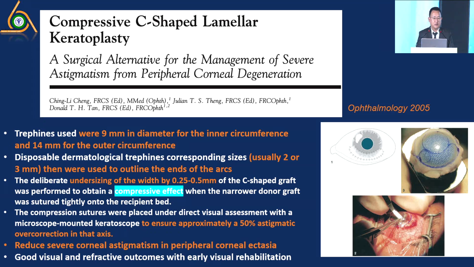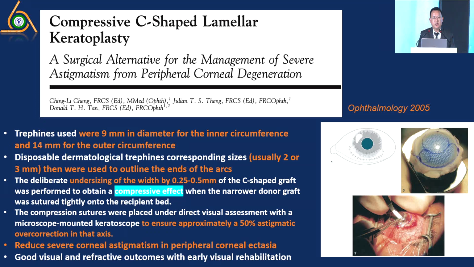And lastly, the compression C-shaped lamellar keratoplasty, where 9 mm of inner circumference and 14 mm of outer circumference has been marked over the donor tissue, and on the edge you can use a dermatological trephine of 2 or 3 millimeter size to make a C curve.